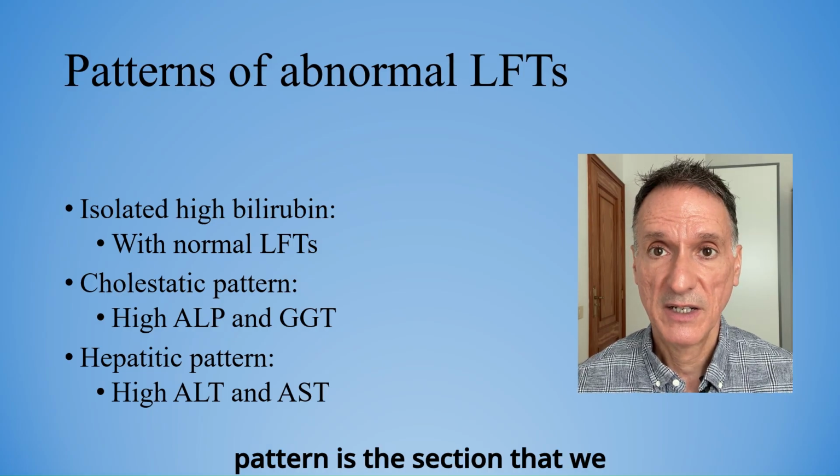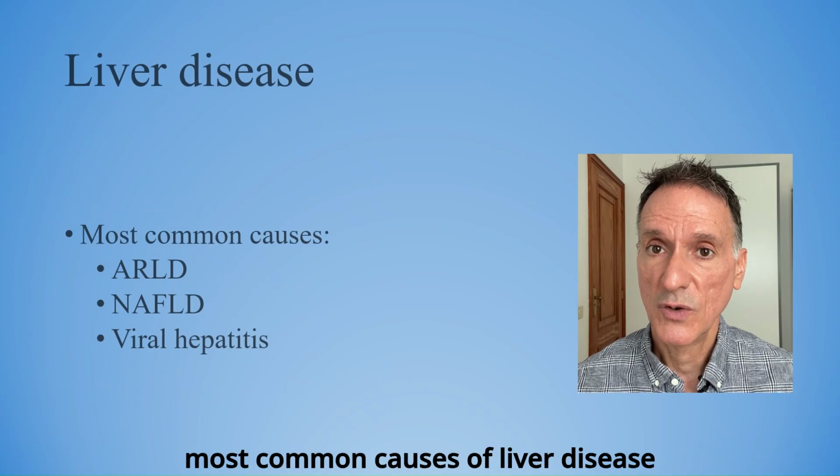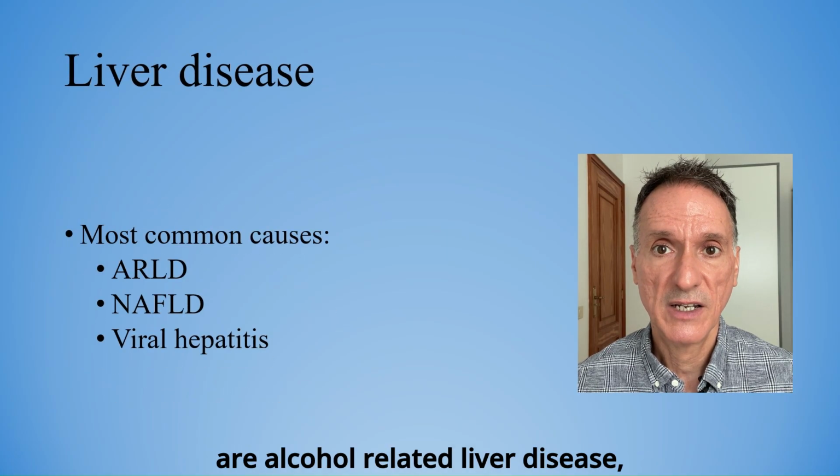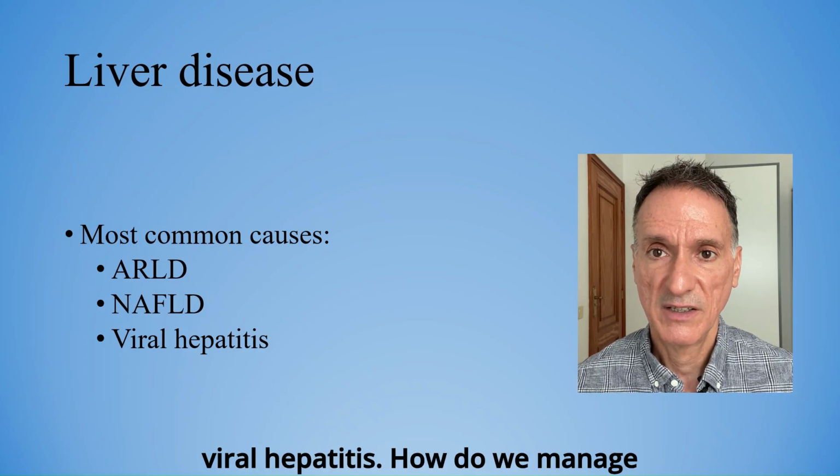The hepatitic pattern is the section that we will concentrate on today. The three most common causes of liver disease are alcohol-related liver disease, non-alcoholic fatty liver disease, and viral hepatitis.